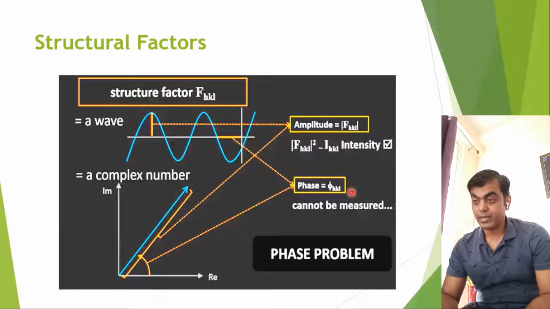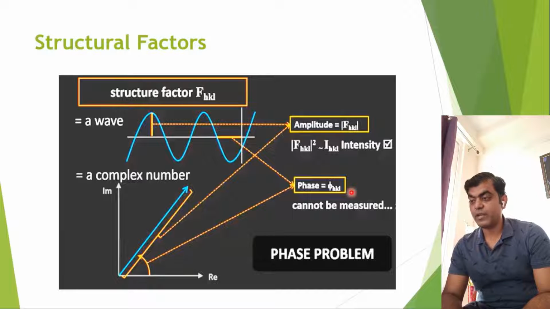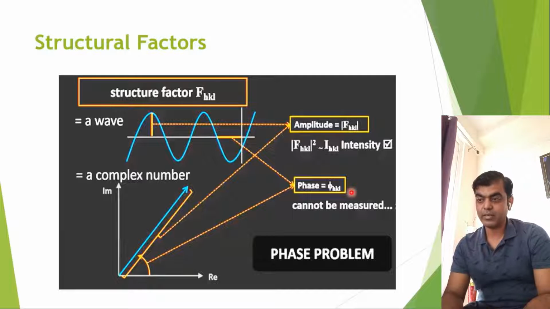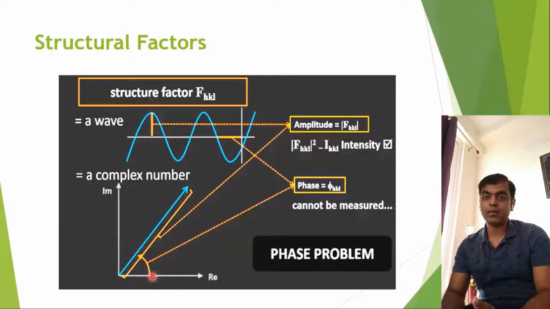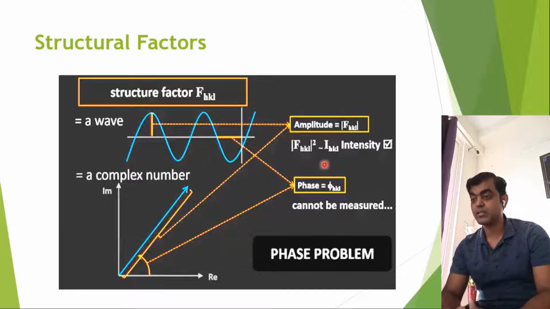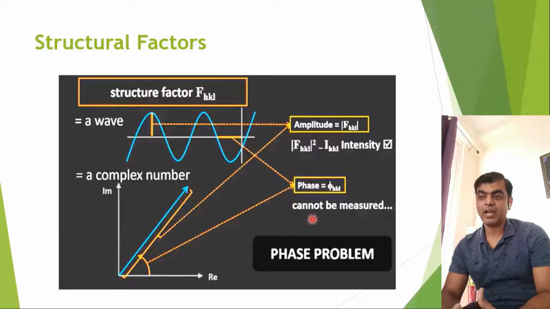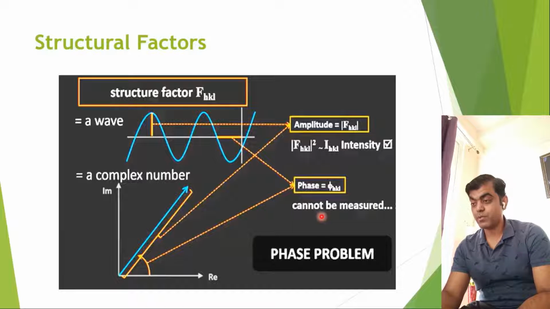But what about the phase? This phase information is missing here. The phase actually gives you the angular information. This entire angular information is missing, and once it is missing, you cannot predict the structure absolutely. So why is phase so important?